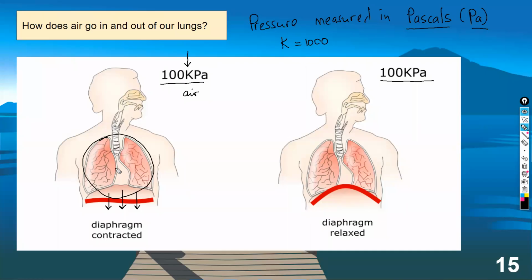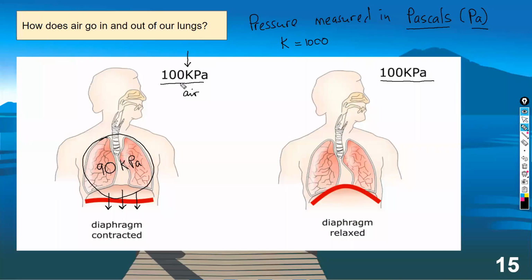Whenever the volume increases, whenever the container increases, we said the larger the space, the smaller the pressure. So when your diaphragm moves downwards, the space gets larger and the pressure gets smaller. Now I'm making up a value here, the point is 90 is less than 100.